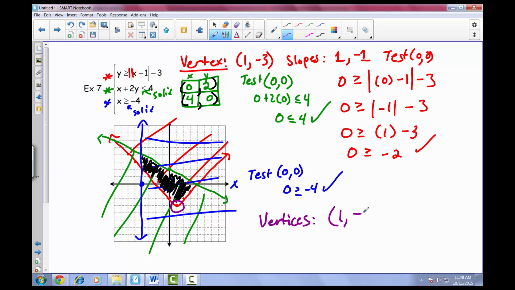Our other one we can pretty clearly identify crossing here is (4, 0). It looks like we have another one crossing at (-4, 2), and another one at (-4, 4).